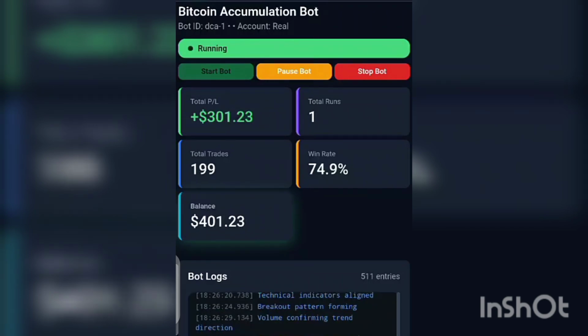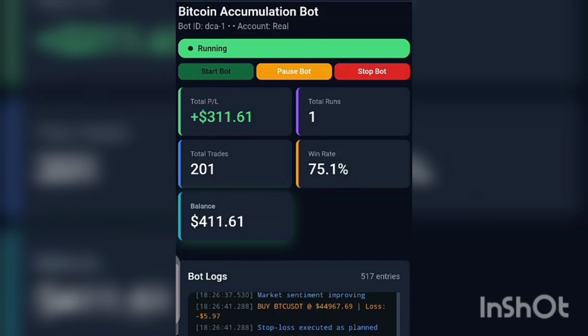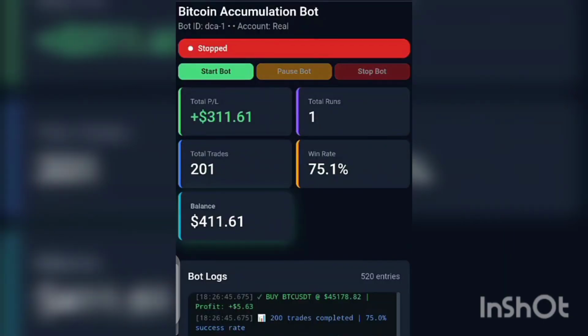This is 300 that we have made here. And remember, some of the time it will not give you this much. It's only when the market is very profitable that this particular bot will give you a whole lot of money. So even if there is a day that this bot didn't trade, once the market is good and the bot starts running, you're really going to make a whole lot of money.